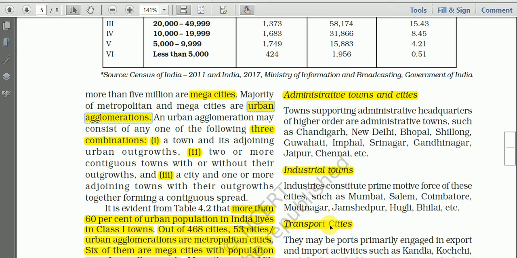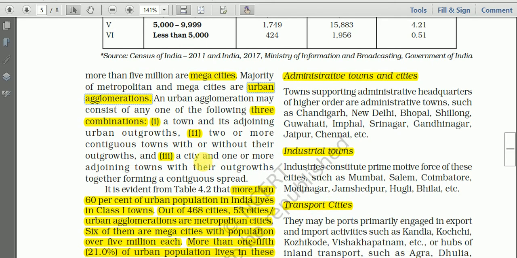So let me repeat. An urban agglomeration is a continuous urban spread constituting a town and its adjoining outgrowth, or two or more physically contiguous towns together with or without outgrowths of such a town.